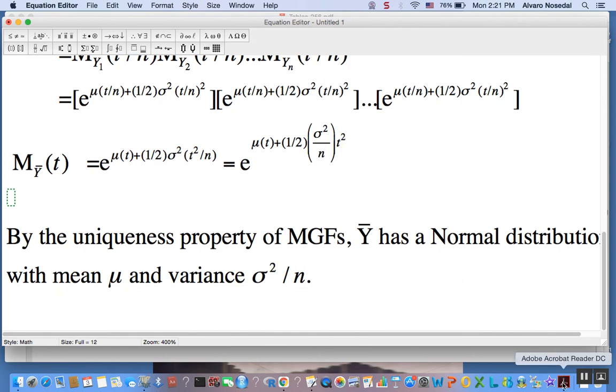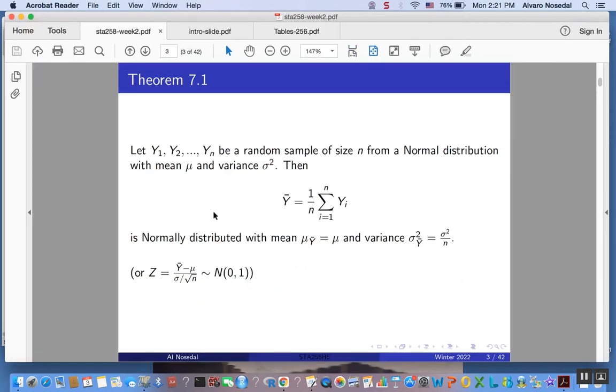And that is exactly what we wanted to show. Make sense?